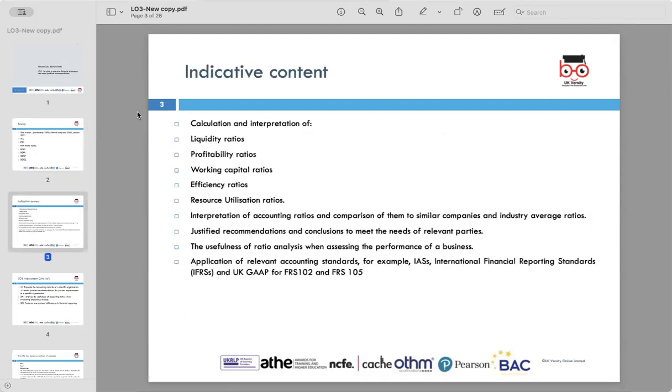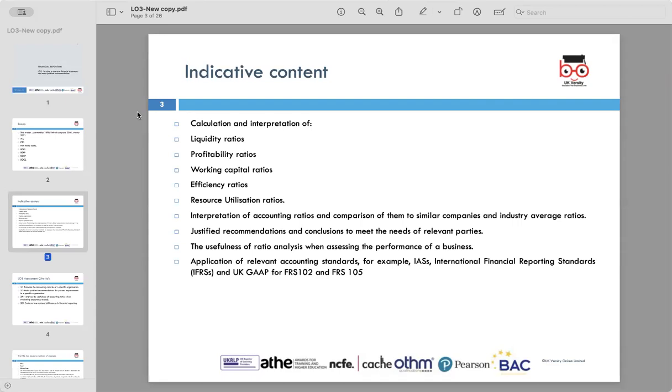Today, we will discuss the calculation and interpretation of liquidity ratios, profitability ratios, working capital ratios, efficiency ratios, resource utilization ratios, interpretation of accounting ratios, and comparison of them with similar companies and industry average ratios.